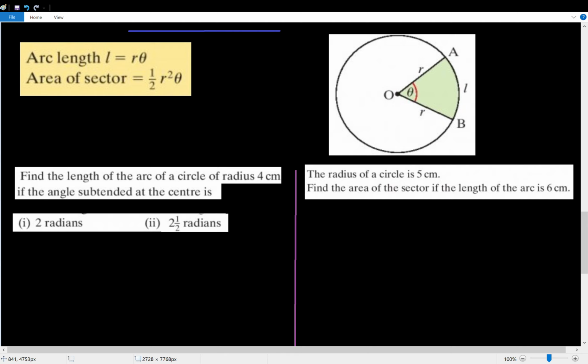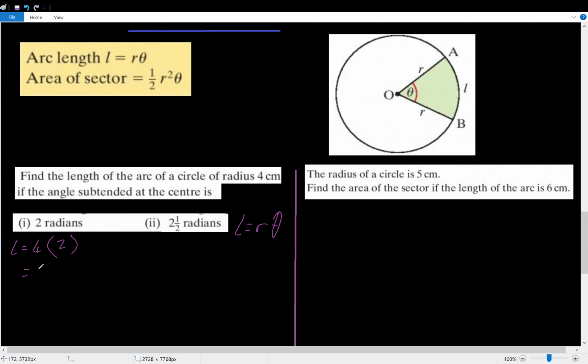So for the first questions here on the left, we've got to find the length of the arc of a circle of radius 4 if the angle subtended at the center is, in other words, if the measure of the angle at the center is, first of all, 2 radians, and then 2.5 radians. Well, that's straightforward enough. We already know that L is equal to r theta. The length of the arc L is what we're looking for. So for part 1, it's going to be L is equal to, and it's a radius of 4, and a measure of the angle in the middle of 2 radians, so times 2.